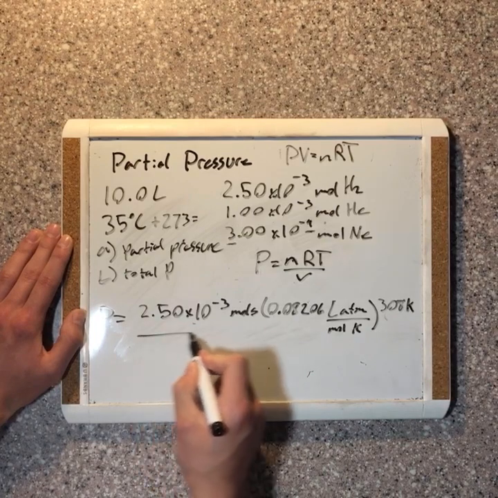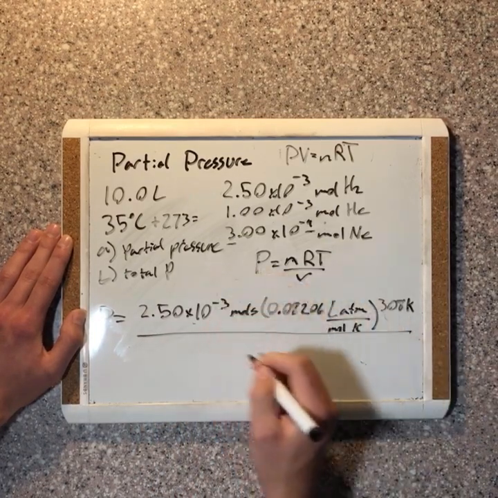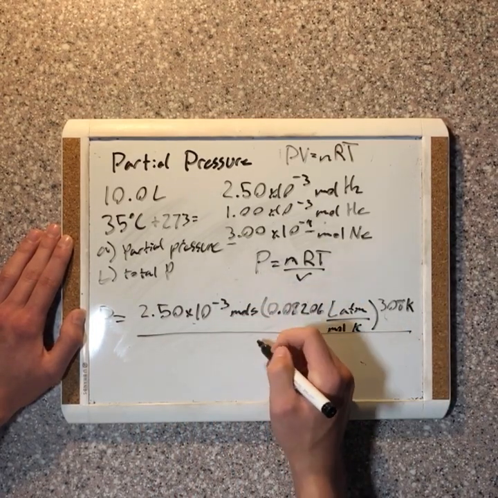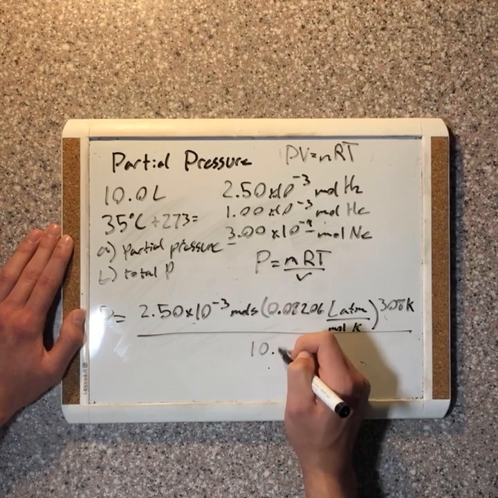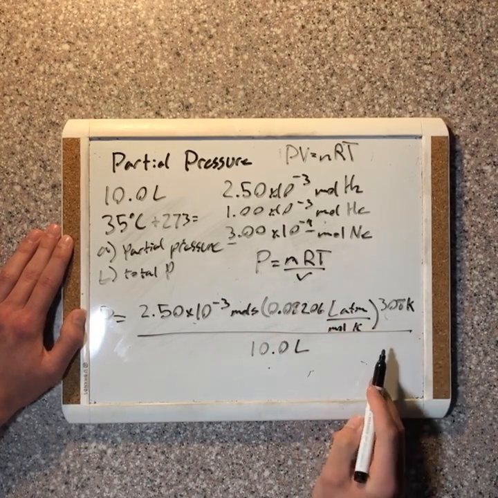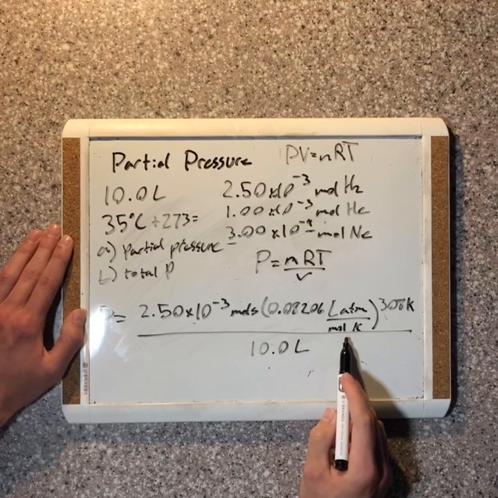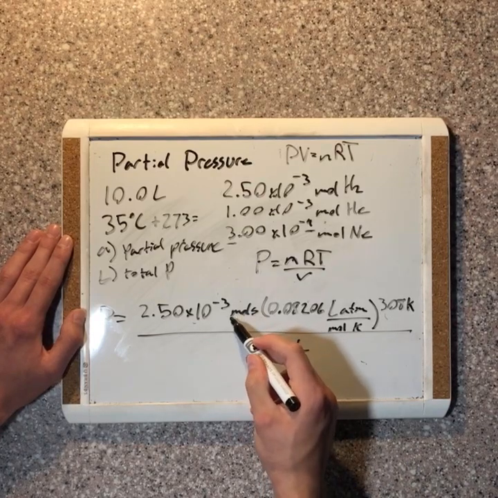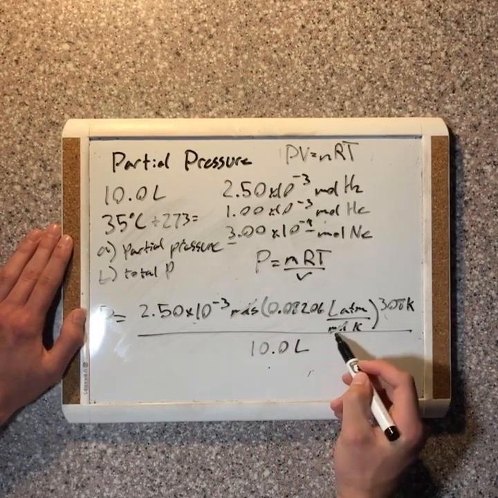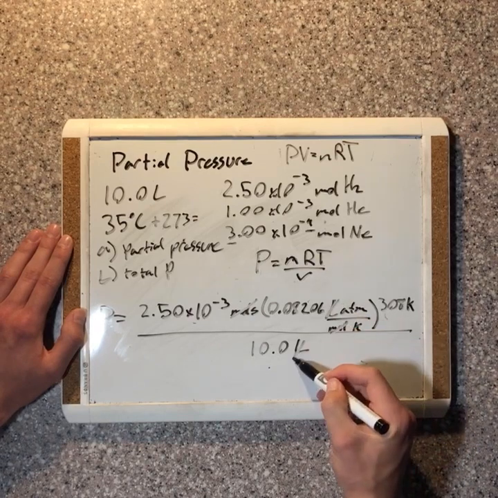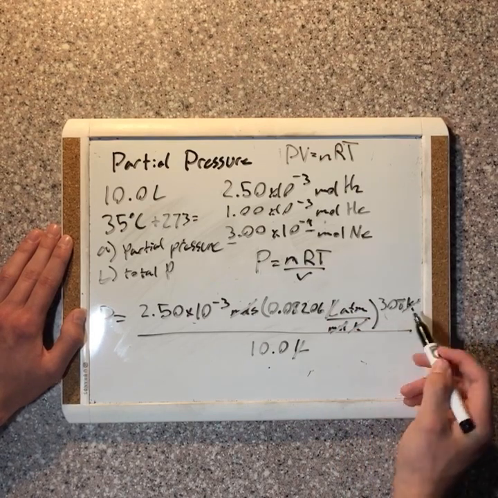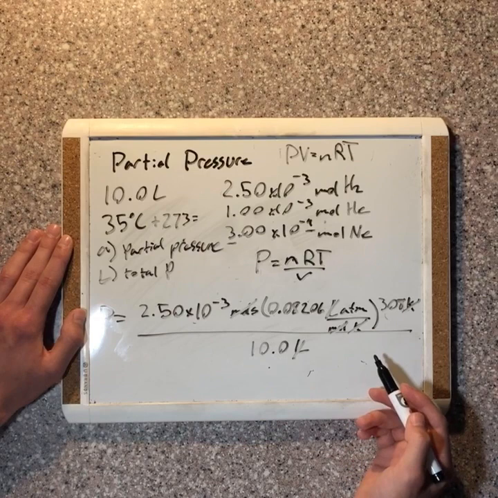All right, lastly, we need to divide all of this by the volume, which is just going to be 10.0 liters. And let's take a look at our units and see what cancels. We have moles canceling here, liters canceling, and Kelvin canceling, leaving us in atmospheres.